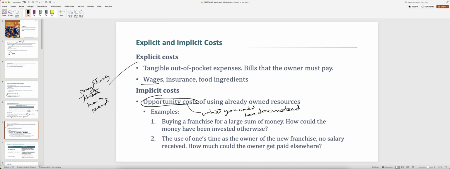In fact, for going to college, your biggest cost isn't your tuition costs. It's the fact that you're not earning all that extra pay at work. Even if you're working right now, you could be working more hours if you weren't going to school. Those foregone wages, those implicit costs, end up being the biggest cost of going to college.